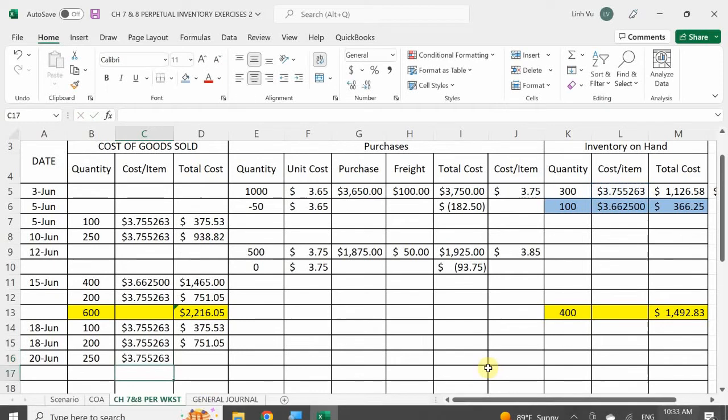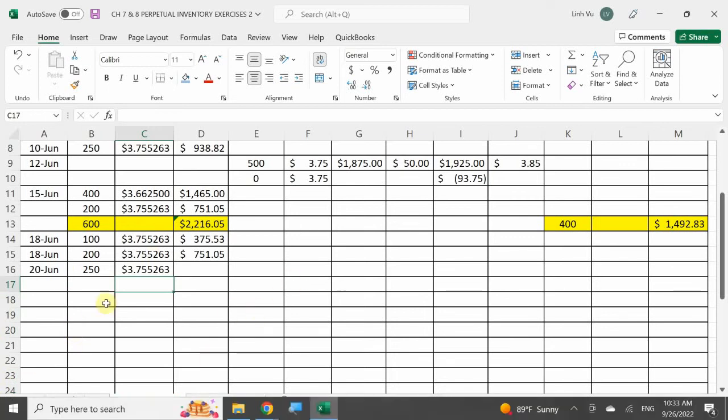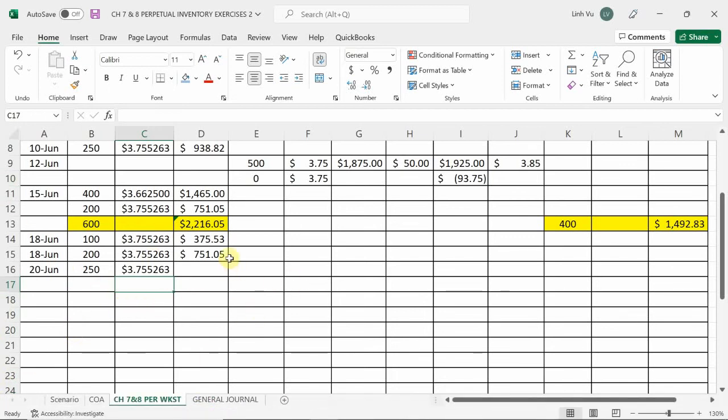So how much is it going to cost me to sell 250 units at $3.755263? $938.82. 938.82. Good.